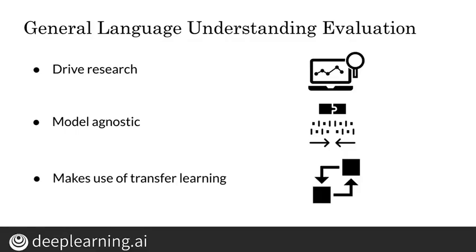And finally, it allows you to make use of transfer learning because you have access to several data sets and you can learn certain things from different data sets that will help you evaluate on a completely new data set within GLUE. You now know not only how to implement state-of-the-art models, but you also know how to evaluate them. In the next video, I'll be talking about question answering, and I'll show you how you can use these models to build a sophisticated QA system.